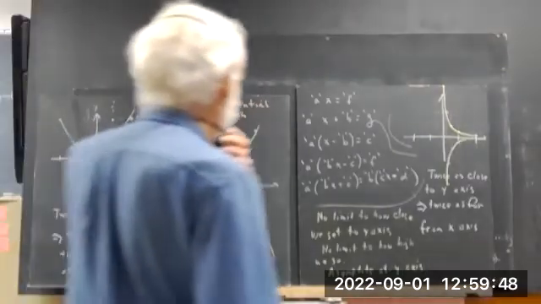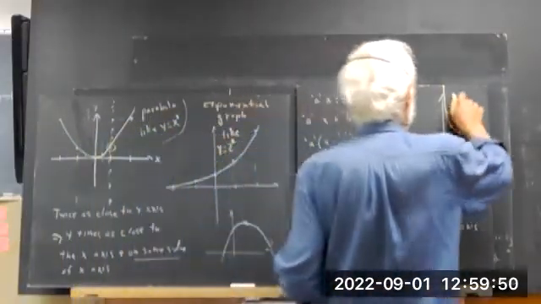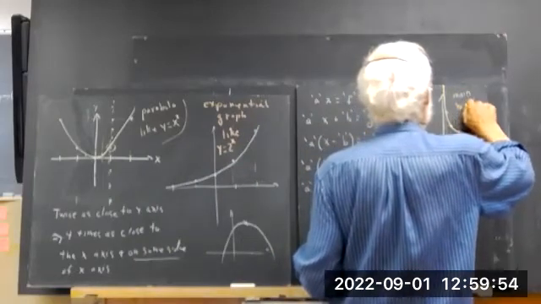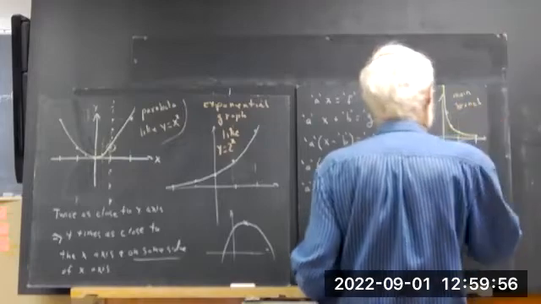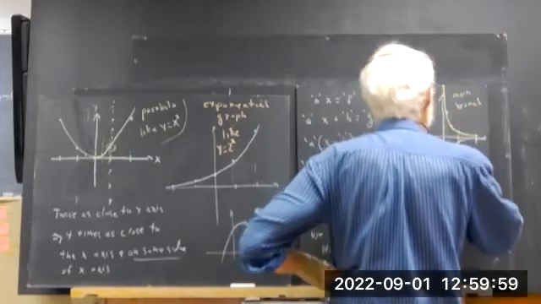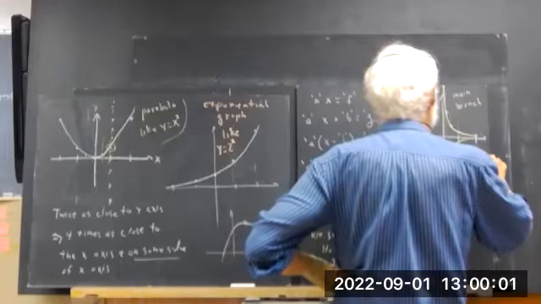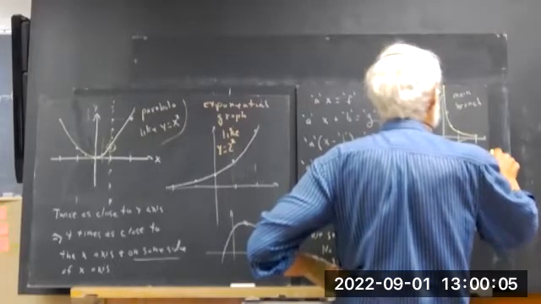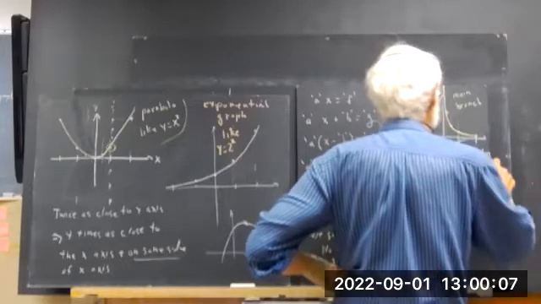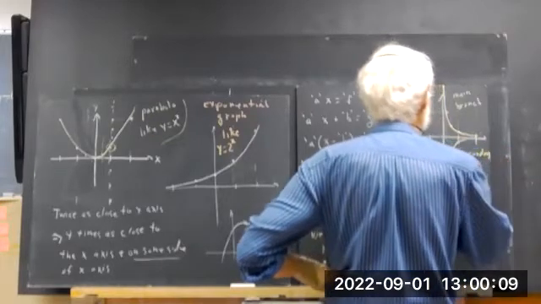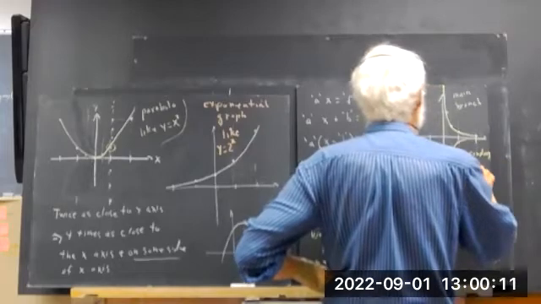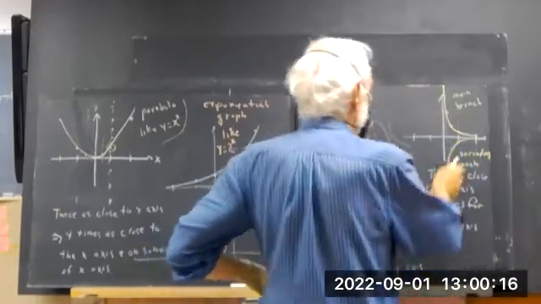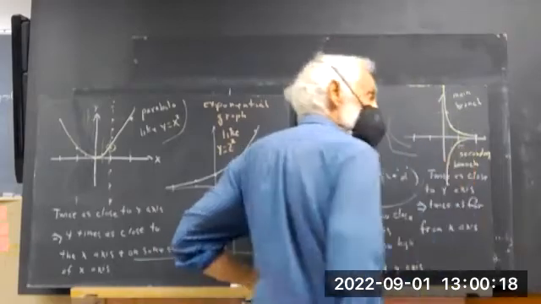So this is like a main branch, and this is like a secondary branch. Remember my word, secondary branch. There are two other secondary branches.